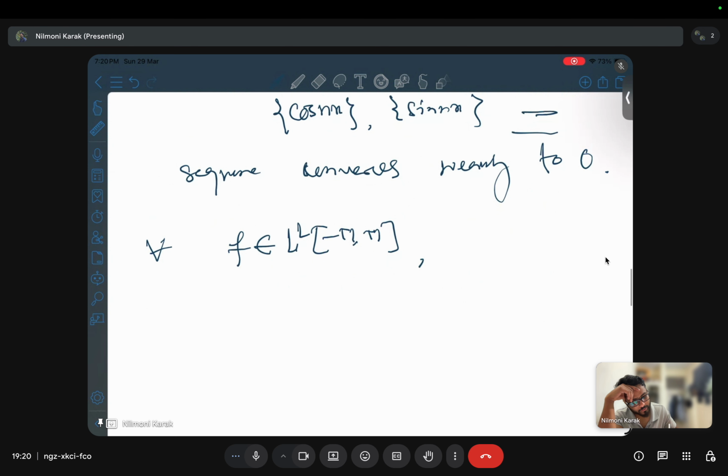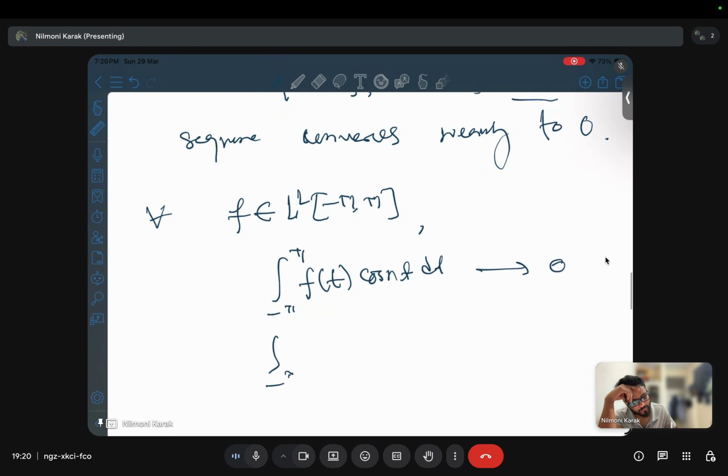Consider the integral from minus pi to pi of f(t) cos nt dt.